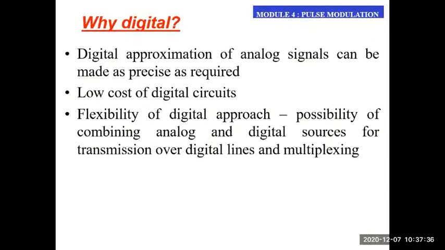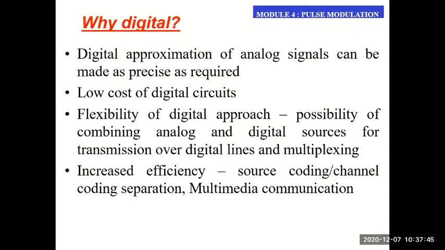With analog, we have only FDM and TDM to some extent, but TDM is better with digital. Increased efficiency because we are trying to encode and decode. We'll do source encoding to remove redundancy in the data. Yes or no? So lots of redundancy will be there in the data that can be removed by doing source encoding of the data. You've studied in ITC so many source encoding techniques.